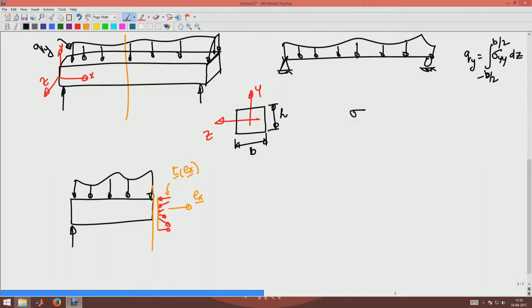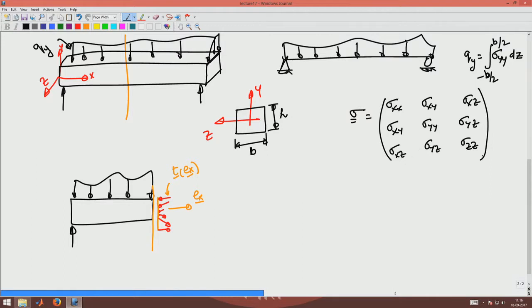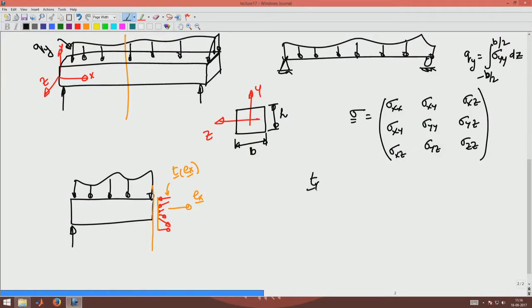Let us assume that the stress is given by sigma xx, sigma xy, sigma xz; sigma xy, sigma yy, sigma yz; sigma xz, sigma yz and sigma zz, okay. That is a general state of stress. For this general state of stress, I want to find what the traction T^(Ex) will be.